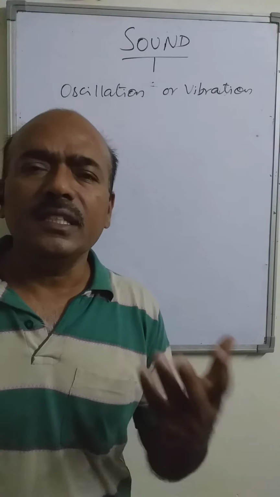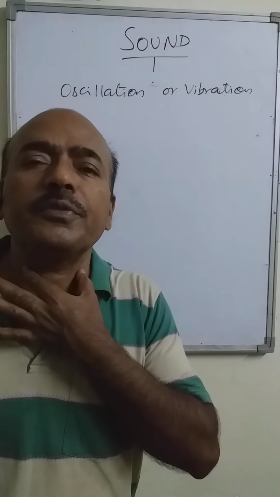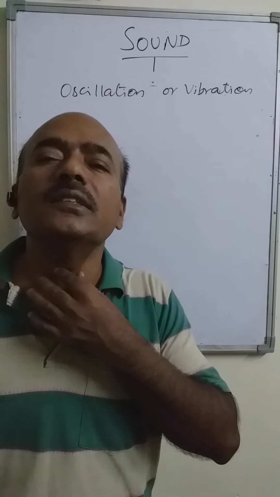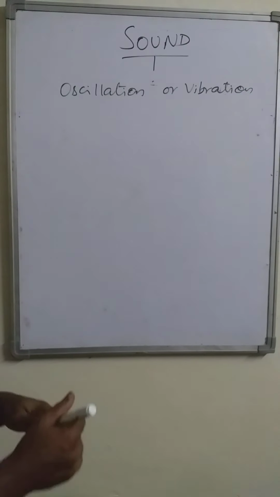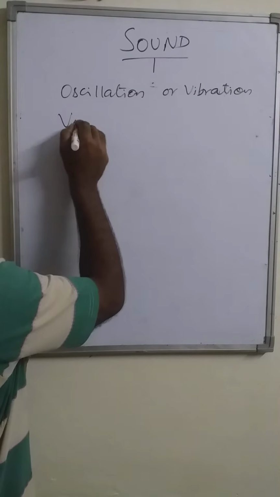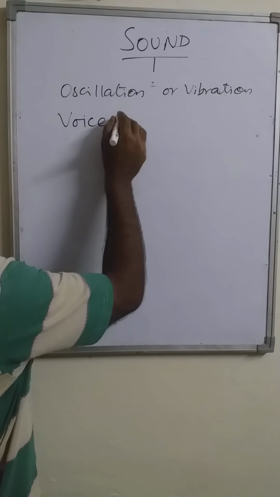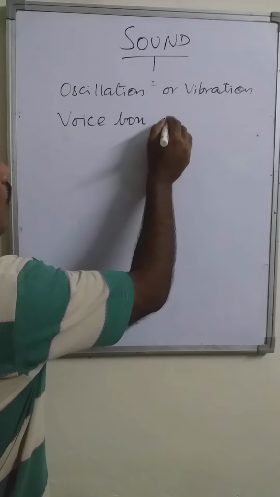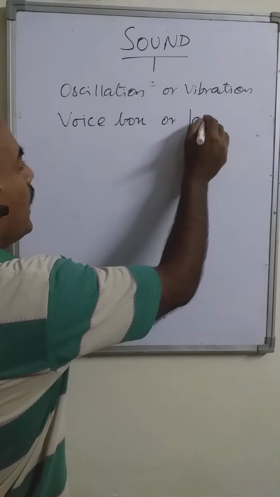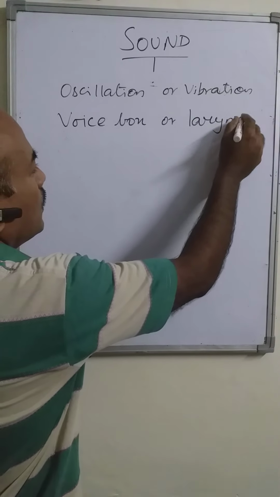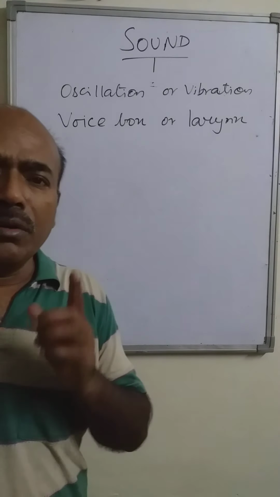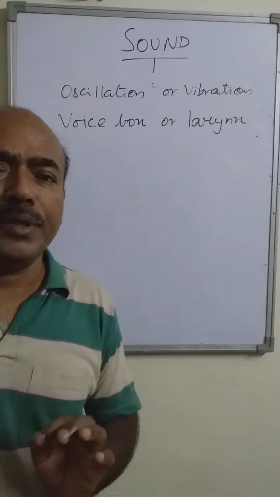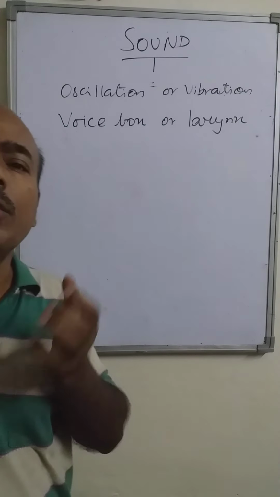And you can easily observe the sound is produced from this part. This we call the voice box, or larynx. The sound is produced from the human being from the part of voice box.